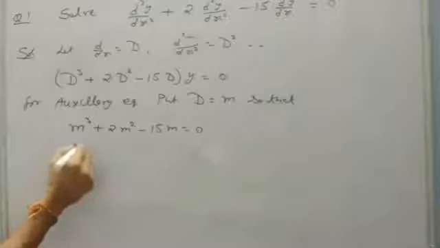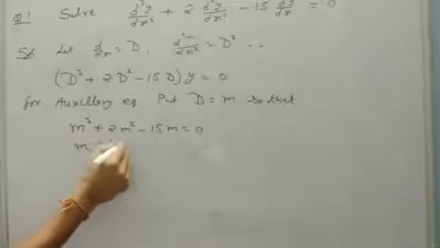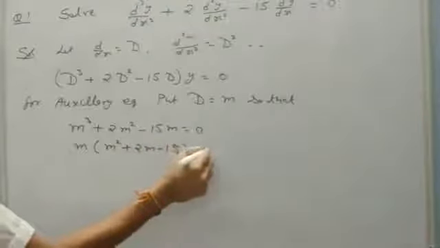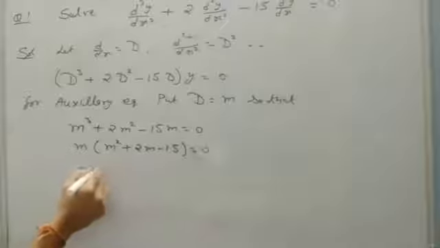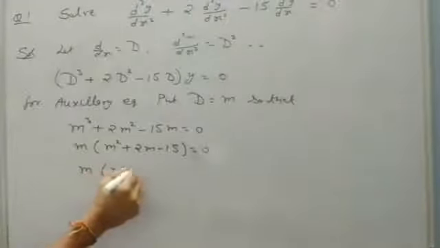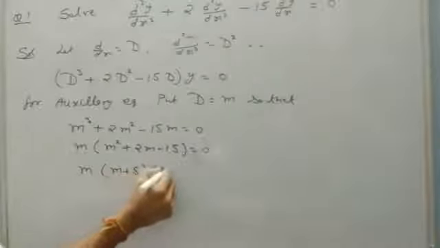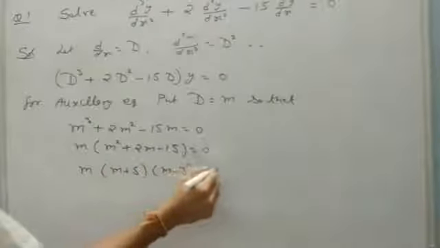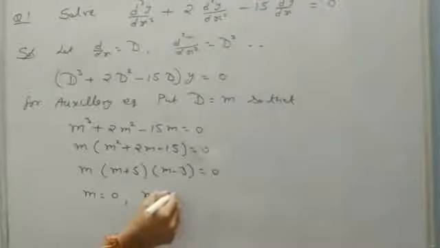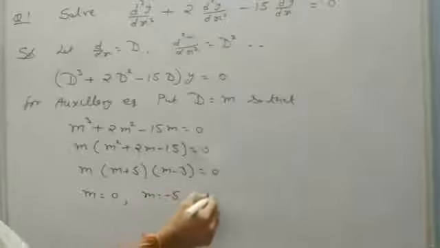Or I can say m is common, that is m square plus 2m minus 15 is equal to 0. You know how to factorize it. So the factors will be m plus 5, m minus 3 equal to 0. So we can say m is equal to 0, m is equal to minus 5 and m is equal to 3.